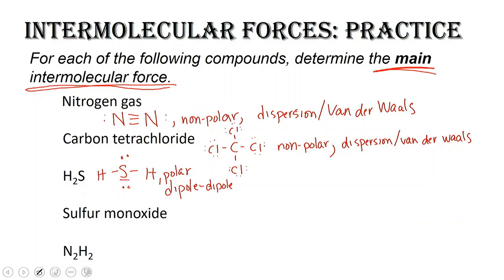All right, what about sulfur monoxide? We haven't drawn this guy, but sulfur monoxide is drawn this way. You can take the time to count the electrons and draw the Lewis structure yourself. And if we look at the electronegativity difference between the sulfur and the oxygen, it is polar.